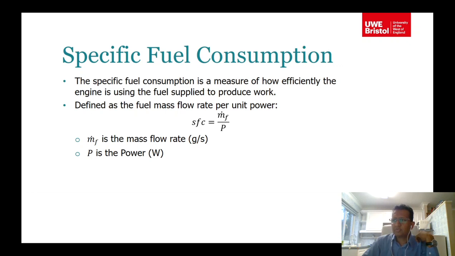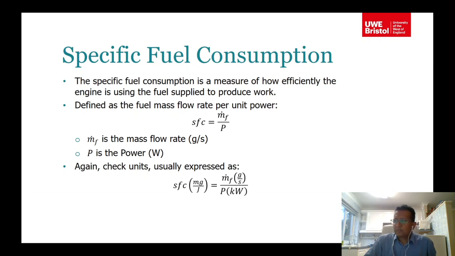So m dot f is the mass flow rate, P is the power in watts. Okay. So you need to be careful of the units, but initially you use SI units, and then you can give it in whatever units you want. Okay.